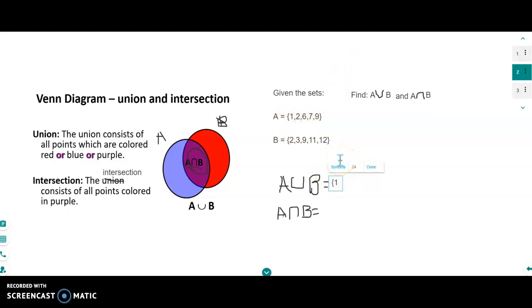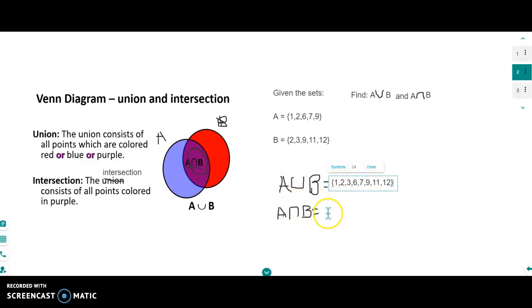Let's start with 1, 2. 2 is included in A and also in B, so we write it once. 2, 3. Let's go on with 6. Then 7 here. 9 is in both sets, so we have 9. We have 11 and we have 12. All right, so this is A union B.